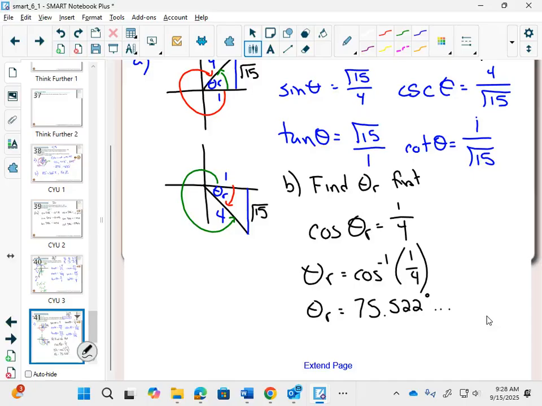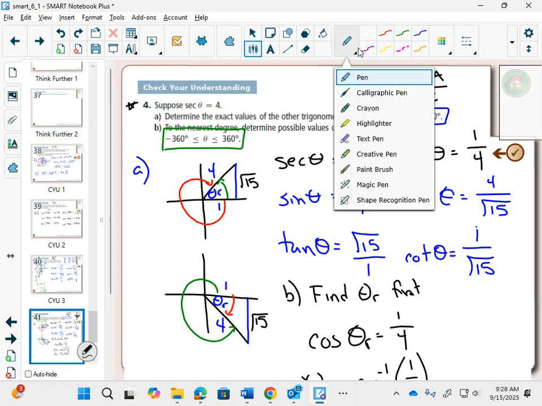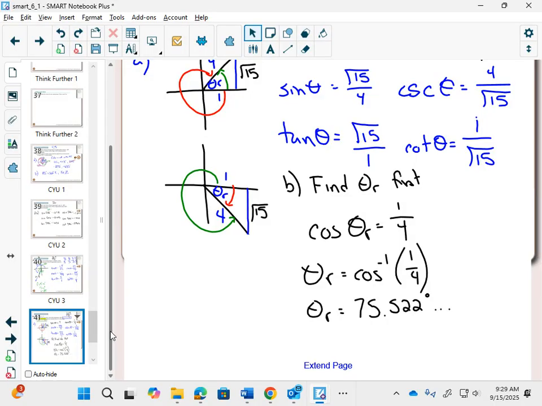Sometimes I put that ... there to say, I'm keeping all of my decimal places right now because I'm not at the final answer. Final answers are usually to 3 decimal places, but this one, if I take out my highlighter, it does say to the nearest degree, so my final answers can be to my nearest degree.